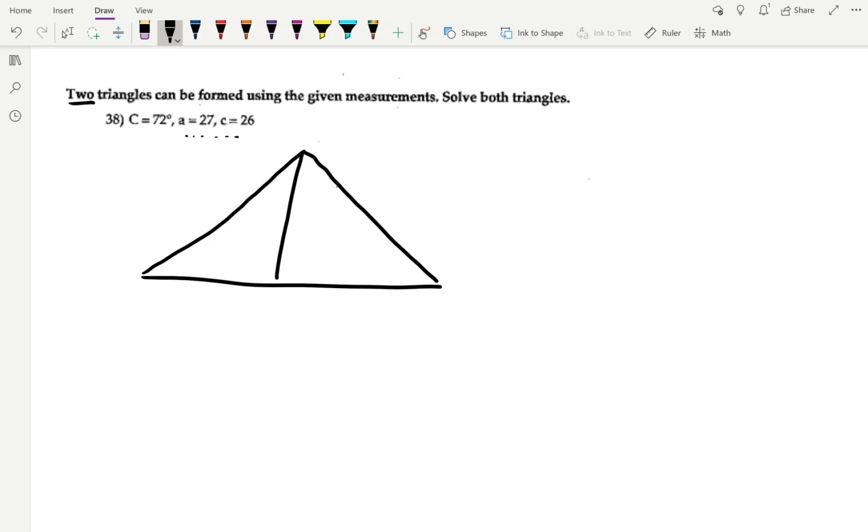So let's start out here with C, and we'll call that 72 degrees. And then I'll call this one A, because that's the one I'm after. And we'll call this one B. Okay, so what do we know? We know little a is 27, and we know little c is 26.